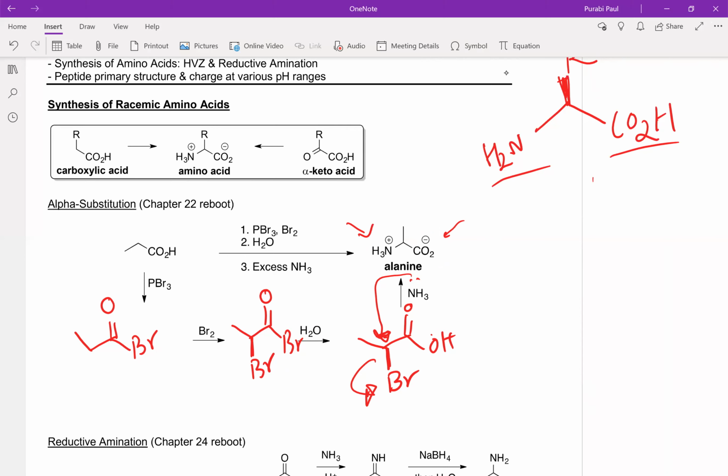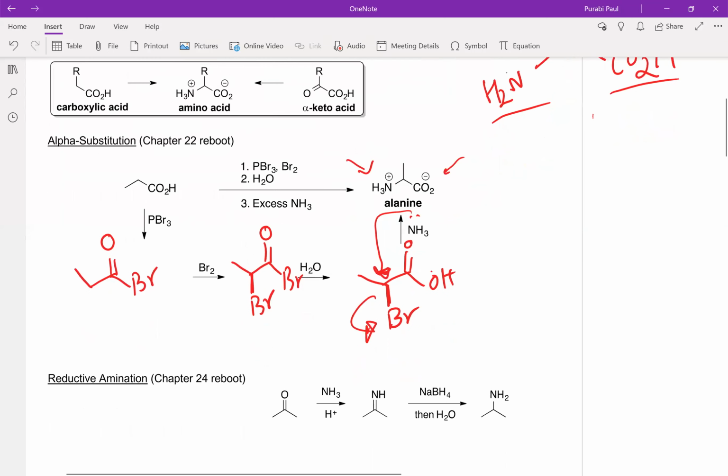At physiological pH, which is the pH your body is at, I believe around 7, the solution is acidic enough that the amine will gain a proton, and at the same time basic enough that the carboxylic acid will lose its proton. So they exist as this charge-separated form, what we call a zwitterion.